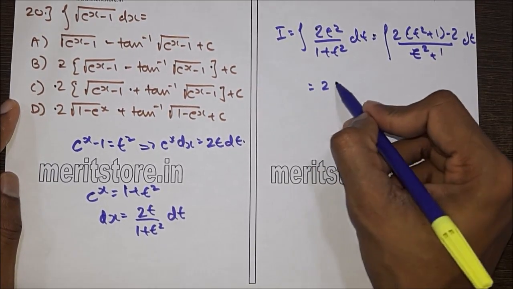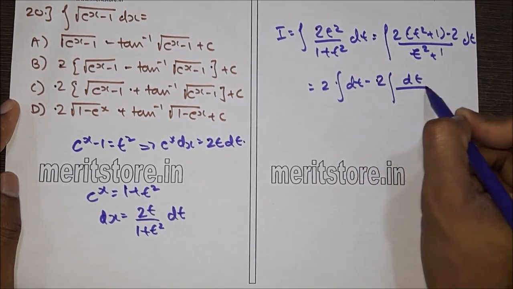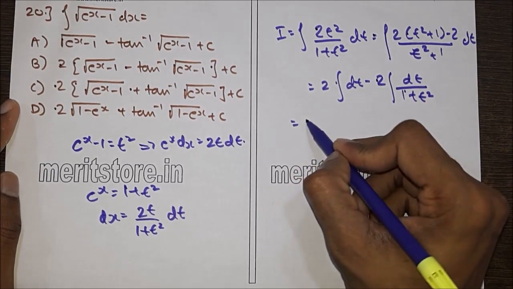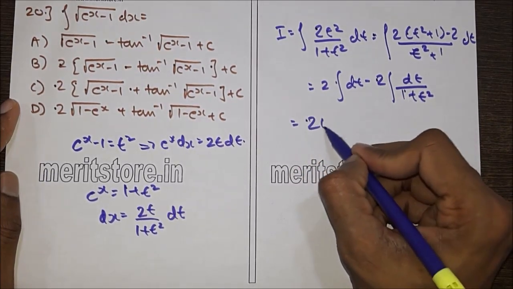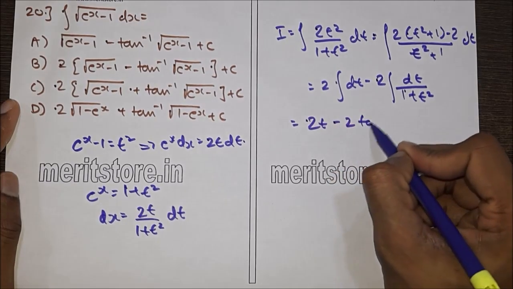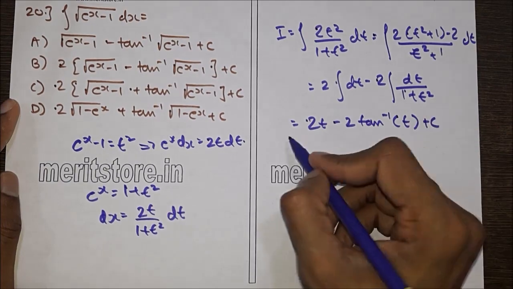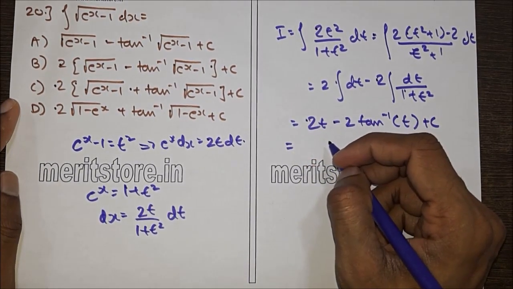Further, we can write 2 dt minus 2 dt upon 1 plus t square, and the integral of this we get as 2t minus 2 tan inverse t plus c. We resubstitute the value of t back as root e raised to x minus 1.